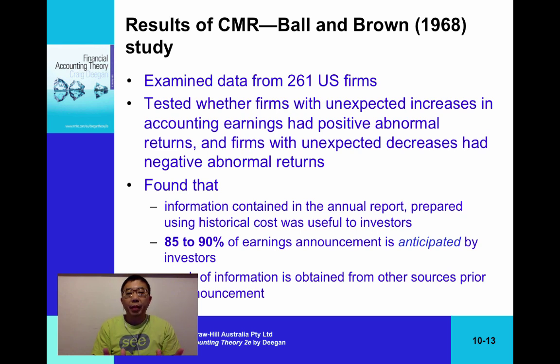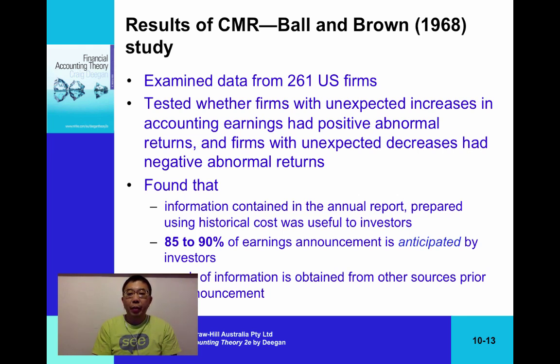So remember, the purpose of capital market research is to find out whether accounting information is useful. And what we do is to look at the correlation between accounting earnings as shown in the financial statements with changes in share prices.